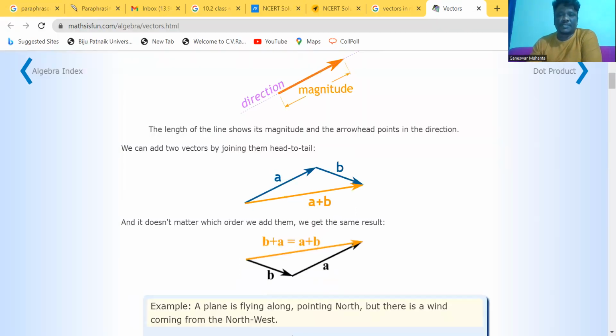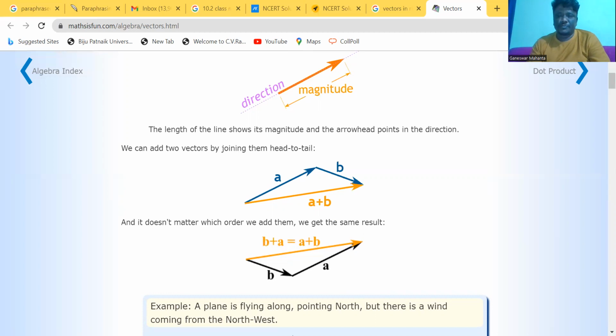You see, this is the magnitude and this is the direction. This length represents the magnitude, and this arrow mark represents the direction.